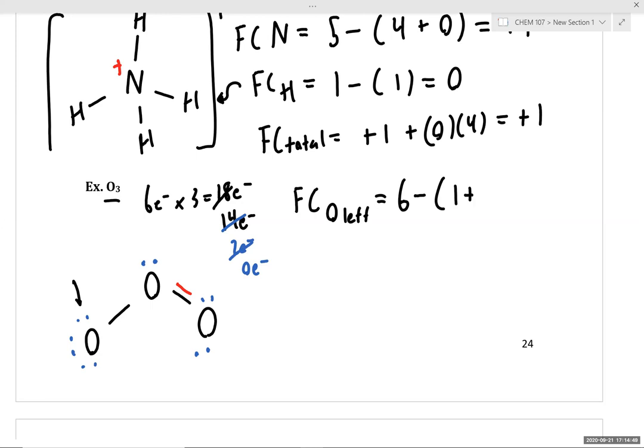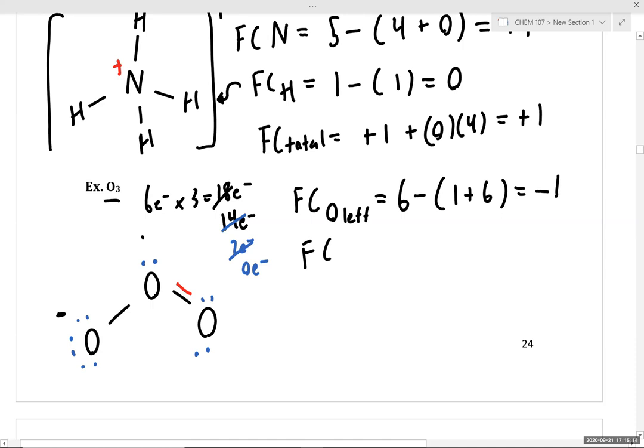Not lone pairs, but lone pair electrons. How many dots do you see around the leftmost oxygen? 6. Yep, exactly right. And that in turn gives us a formal charge of -1. So we put a negative formal charge on this leftmost oxygen.